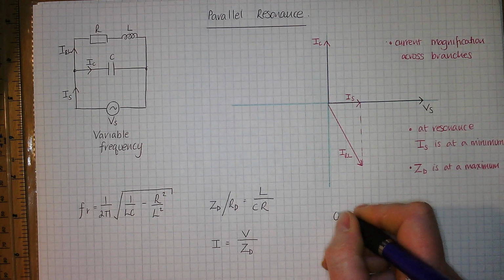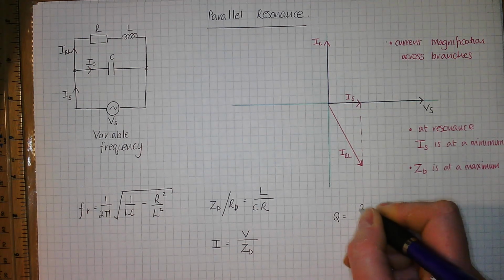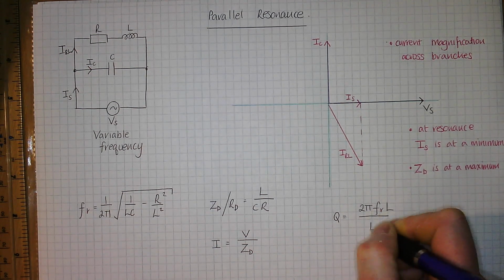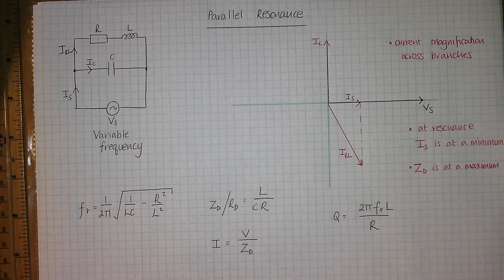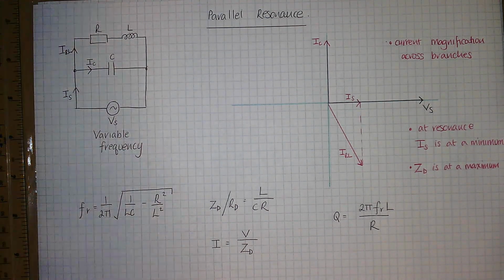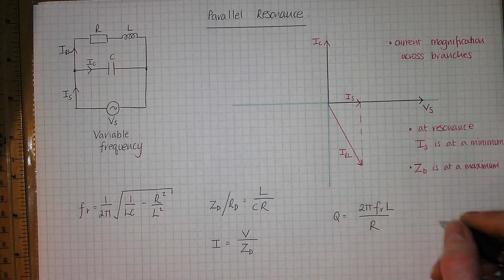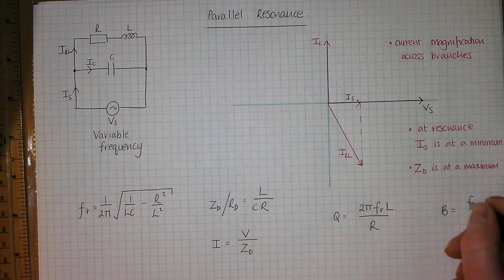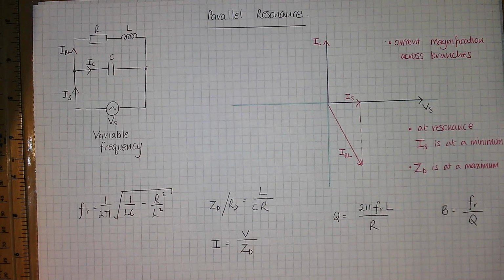Similarly, you can have a Q factor, a quality factor, the same as we had yesterday. That's your Q factor. And your equation for bandwidth is the same as the equation was yesterday, FR over Q. And it's measured the same way, but you take it from the impedance curve rather than from the current curve.